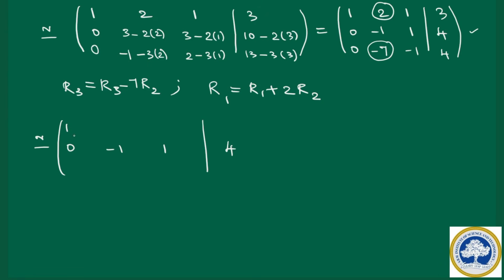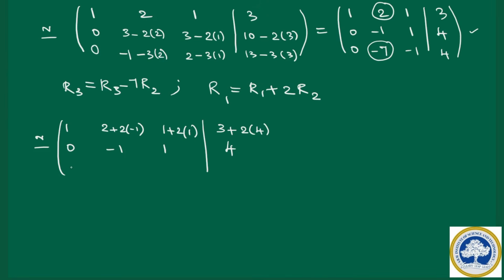So directly 1 will come. And then here for 2, this only we made it as 0. 2 plus 2 into R1 is minus 1. Similarly for this element 1 plus 2 into 1. Similarly here 3 plus 2 into R2 is 4.